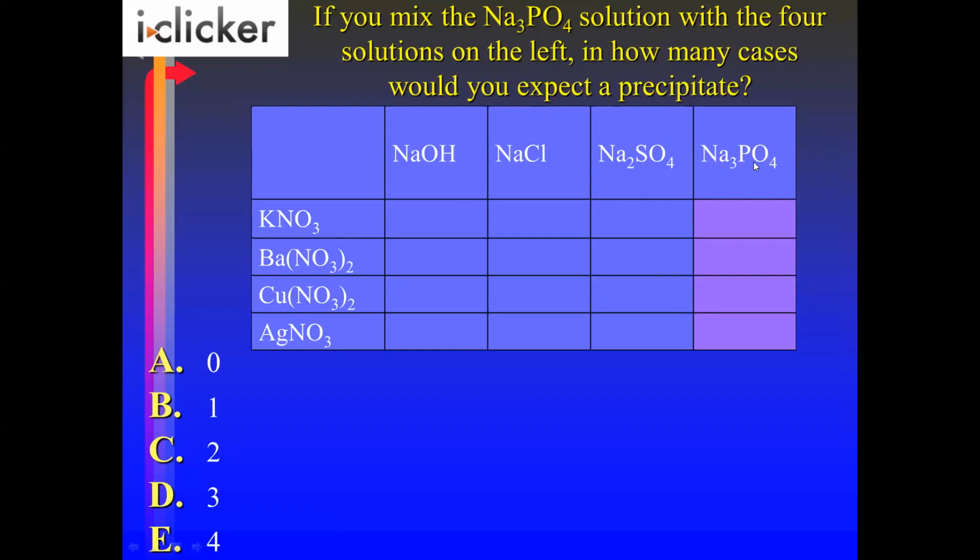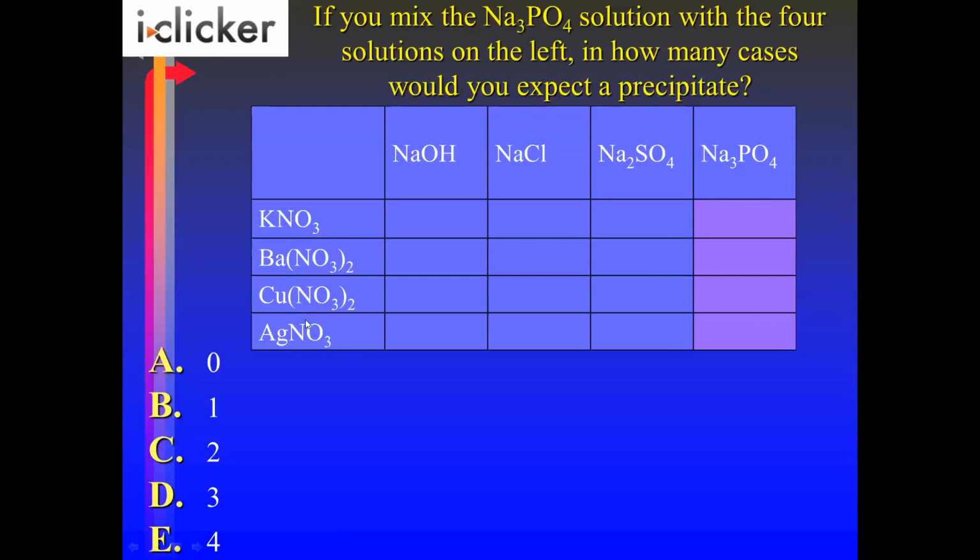According to the rules I read for you at the beginning of this class, all the phosphates are insoluble, except for some exceptions like group 1 and ammonium. But this one is not an exception for phosphate. So, in short, barium phosphate is insoluble.